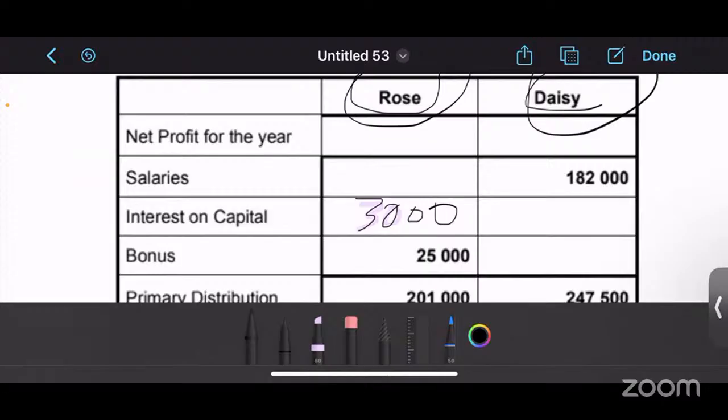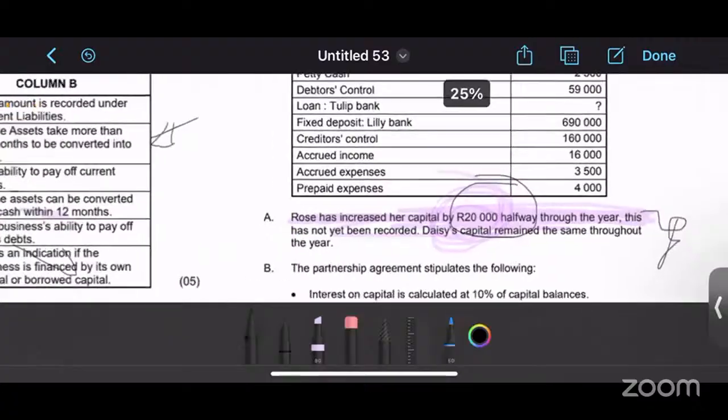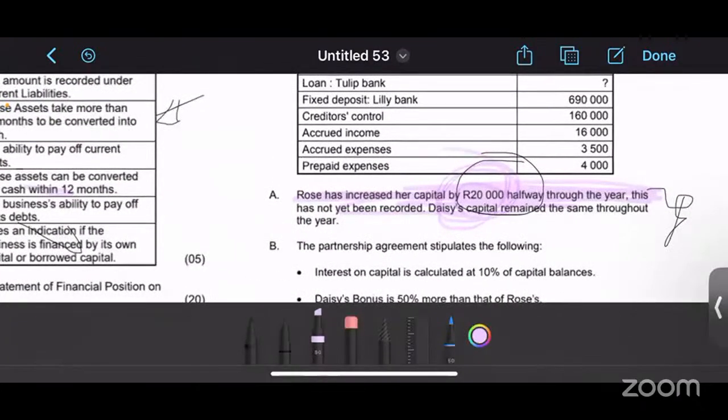For Rose it's 30,000. For Daisy, how much is it going to be? We are not given the interest. They said it should remain the same for the whole year.